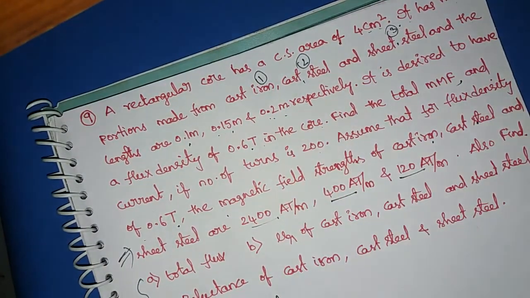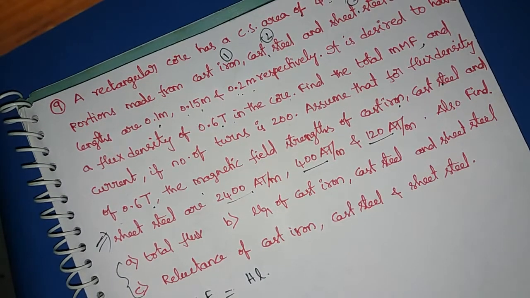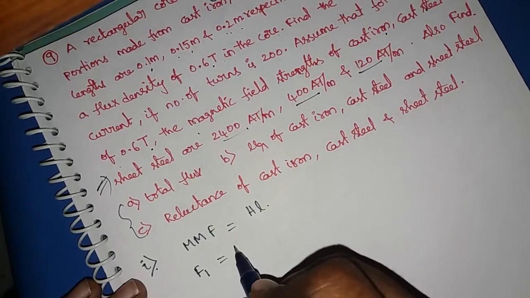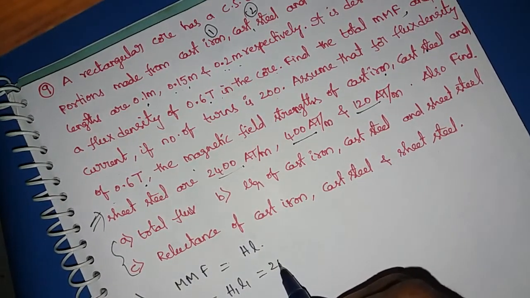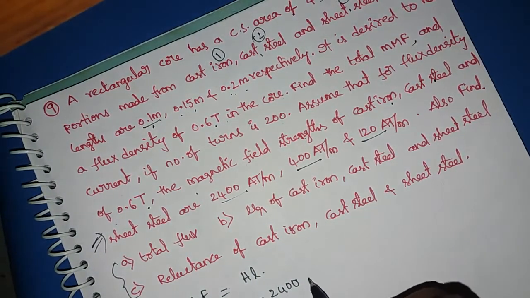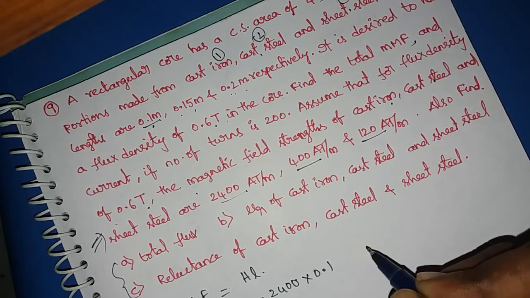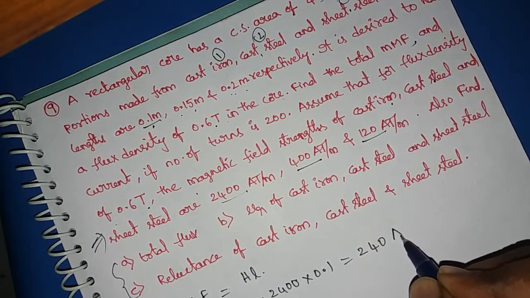Just remember this. So F1 is equal to H1 into L1. H1 is 2400, L1 is 0.1. Therefore it is 240 ampere turns.